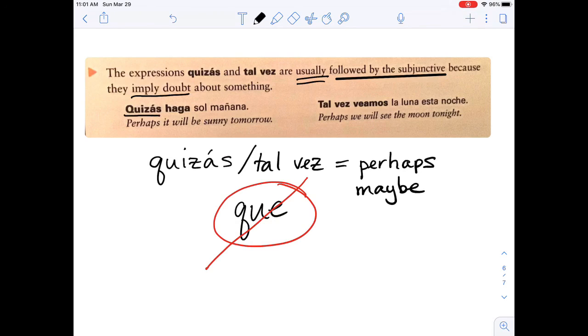All we need to do is use the phrase. Okay, so we've got the one phrase here, one phrase here. So quizás, tal vez, haga sol mañana. So perhaps or maybe it will be sunny tomorrow. Tal vez veamos la luna esta noche. Perhaps or maybe we will see the moon tonight. There's some uncertainty there, so we're going to use the subjunctive after it.